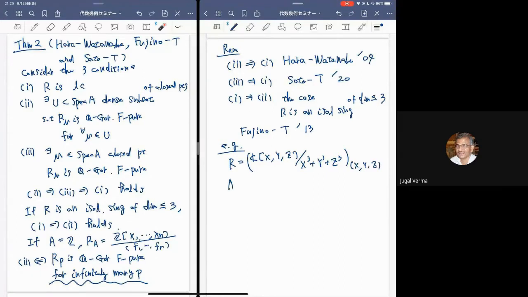In that case, we can take A to be Z and R sub A to be a quotient of a polynomial ring over Z. In this case, R_P is a localization of an F_P algebra like this.